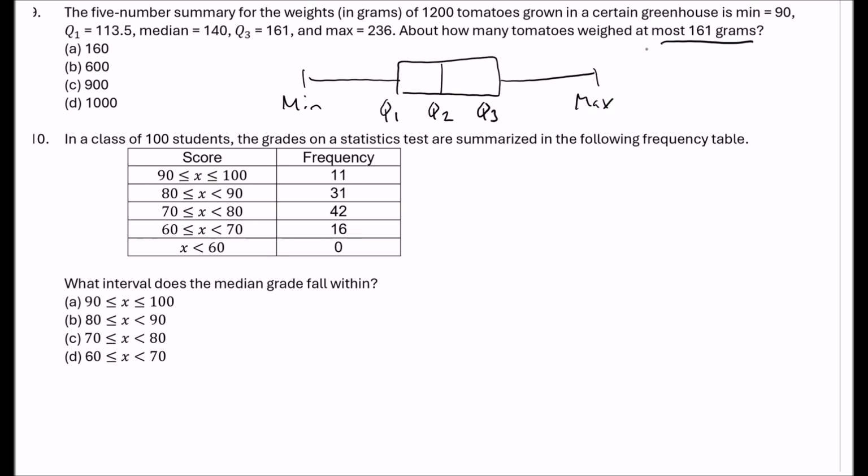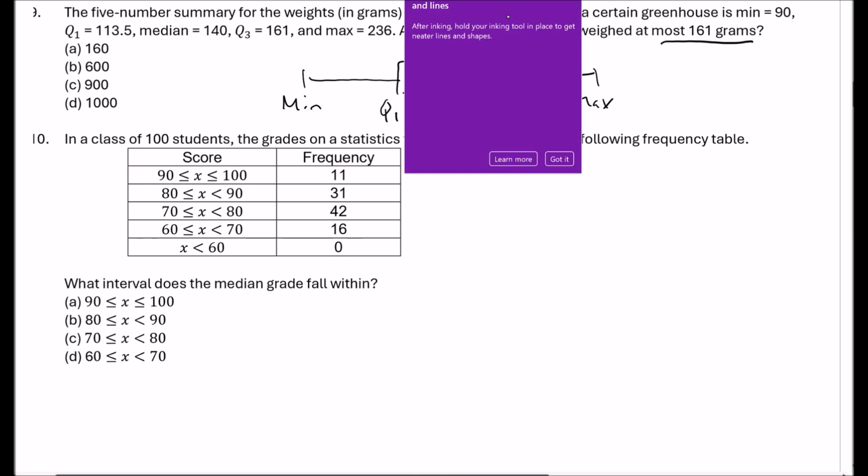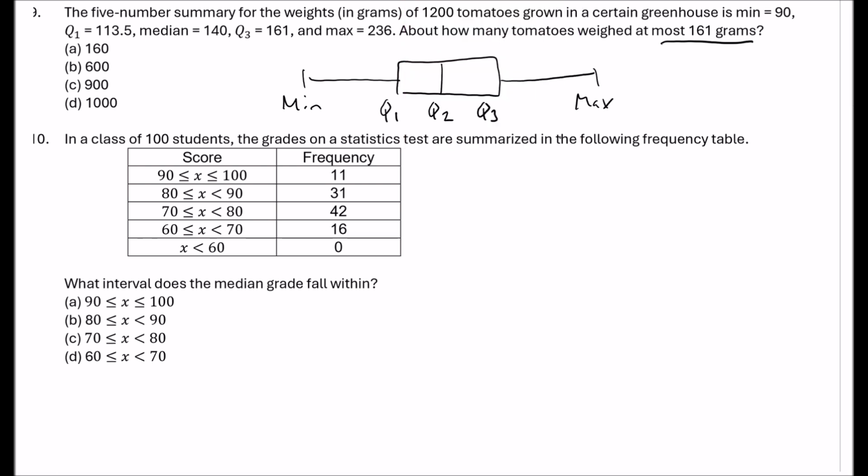Now, the way box plots work is that each of these represents 25%. So that's 25, 25, 25, and then 25 to make a total of 100%. Okay, so that means if it says how many tomatoes weighed at most 161, at most means less than or equal to 161.